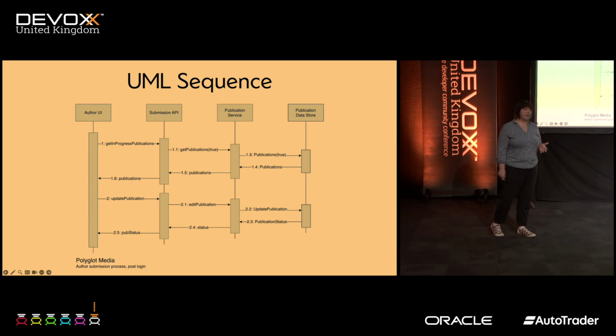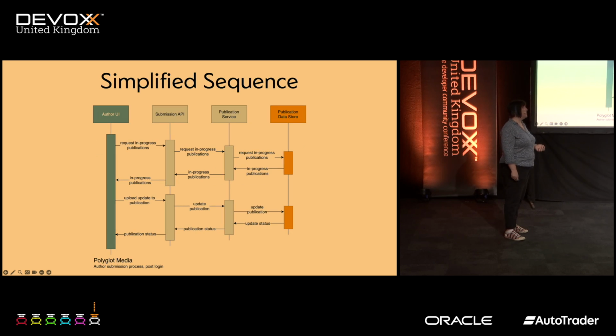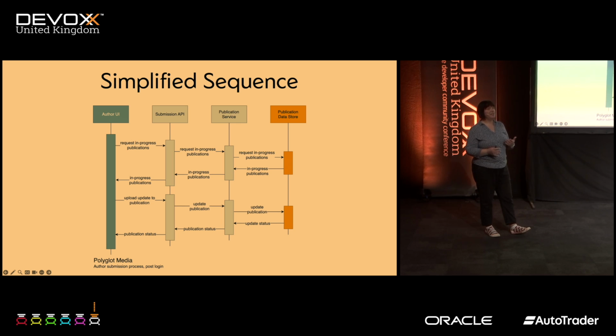UML sequence diagrams encourage you to go into the nitty-gritty little bits, like what methods are we calling? But how quickly is that going to go out of date? Some people are pushing to production constantly throughout the day. There's no point in having that kind of diagram. But if we have a more high-level sequence diagram, then this is not going to go out of date as quickly.